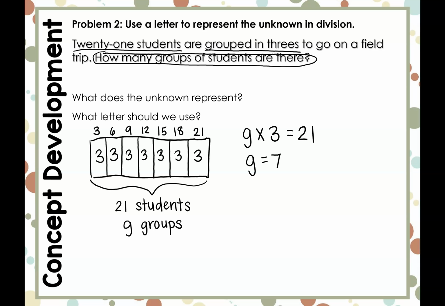Okay, so let's write our answer in a complete sentence. So the question was, how many groups of students are there? Let's rewrite that question into our answer. So we would write, there are 7 groups of students.